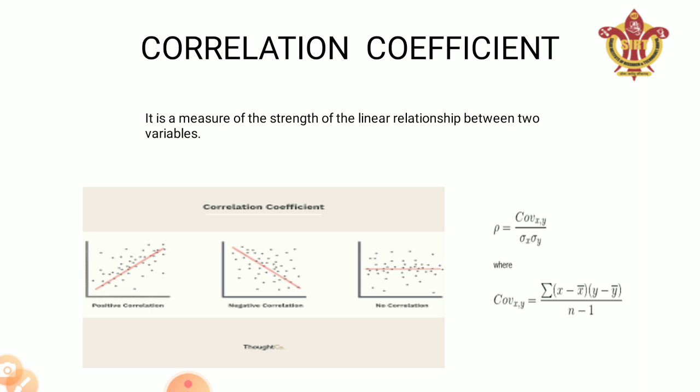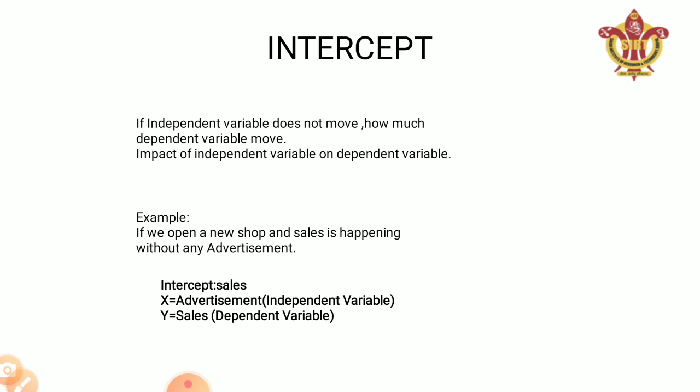Any two variables which do not have any relation are known as having no correlation. So if we are talking about the correlation coefficient, we have three categories: positive, negative, and no correlation.